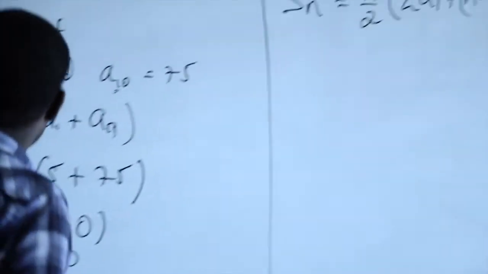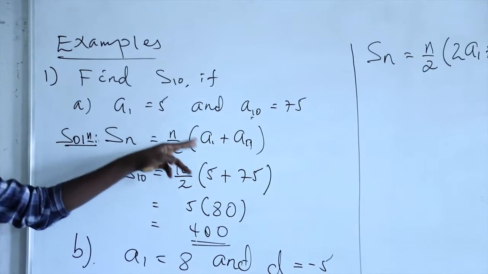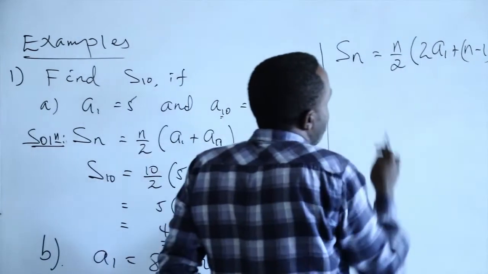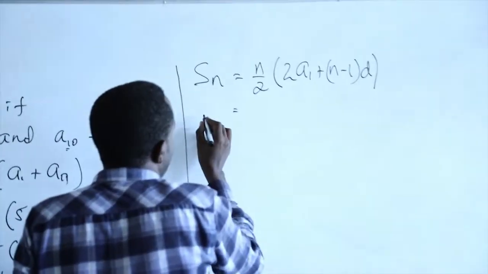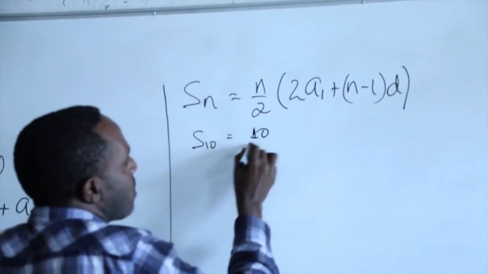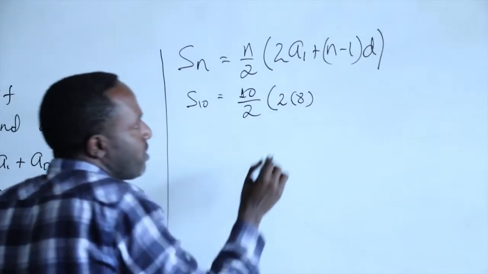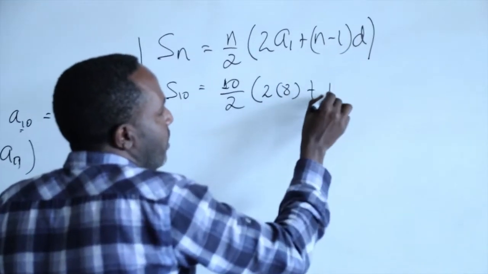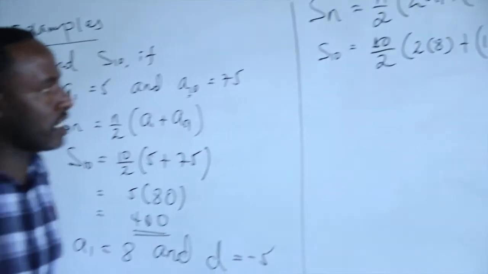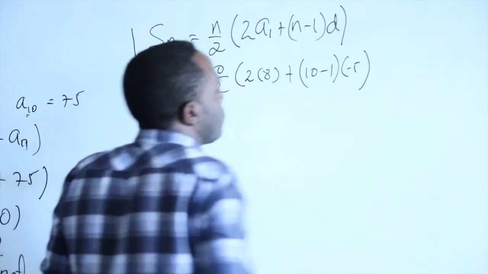So instead of Sn equals n over 2 times a1 plus an, this may be preferable. So S10 equals 10 over 2 into 2 times a1, which is 8, plus n, which is 10, minus 1 times the common difference d, which is negative 5. So we have it in such a way.